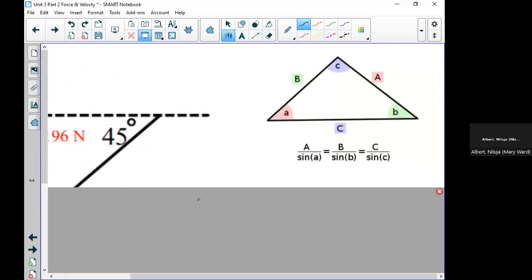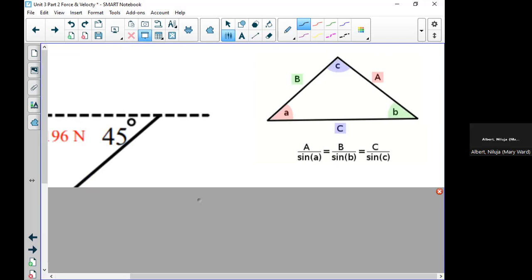So that's what I was talking about. The side a opposite sine of A is going to be equal to the side b opposite sine of B, side c opposite sine of C. That's what we're going to use right now.